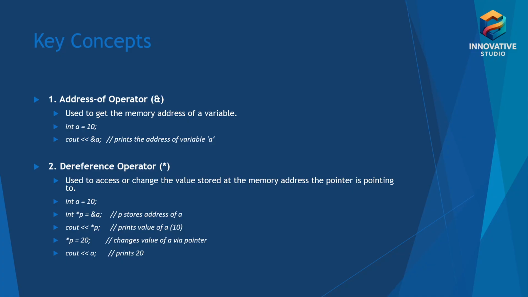When you print the pointer p, it will show you the address. When you assign the pointer equal to 20, you change the value via the pointer. When you print a, it holds the value of type int.